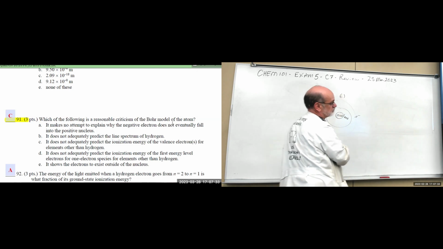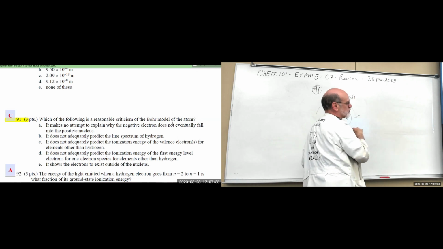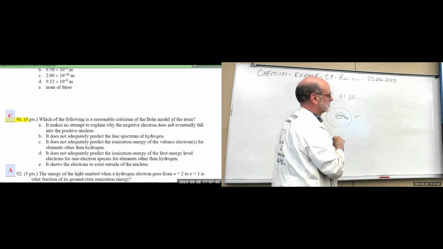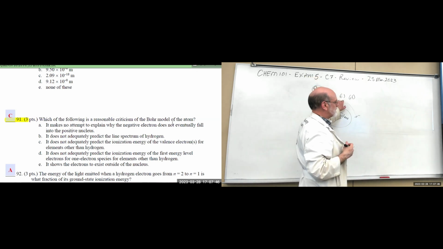All right, so which is the most reasonable? Well, the most reasonable would be C.